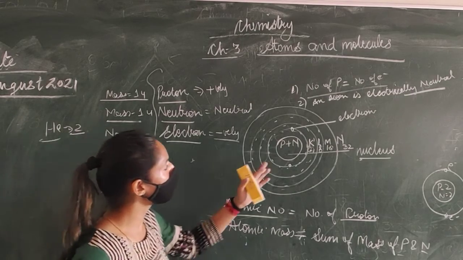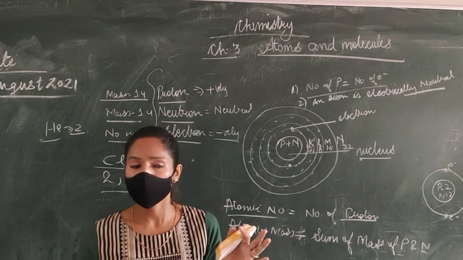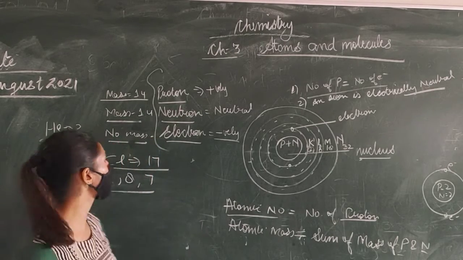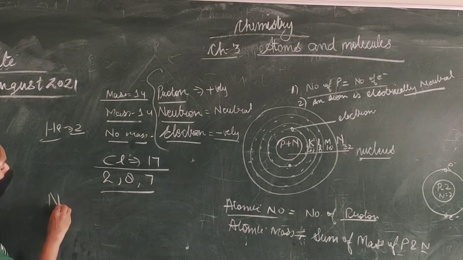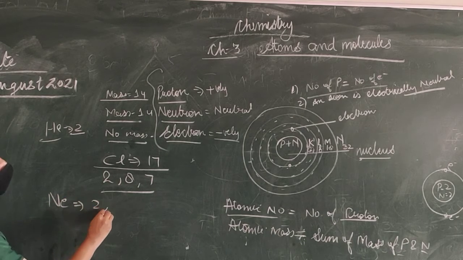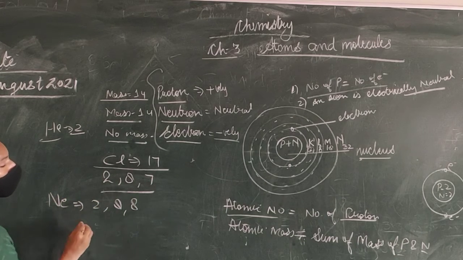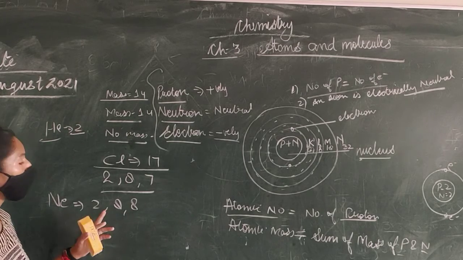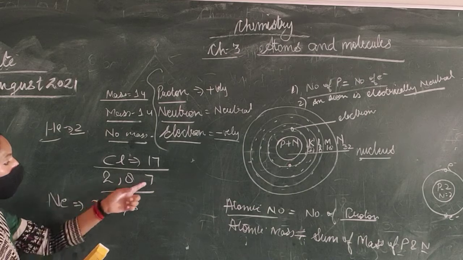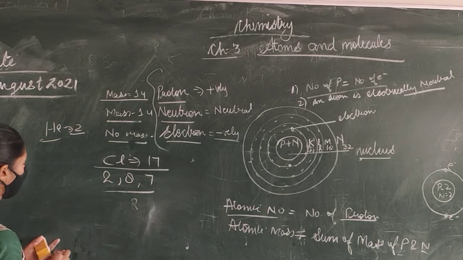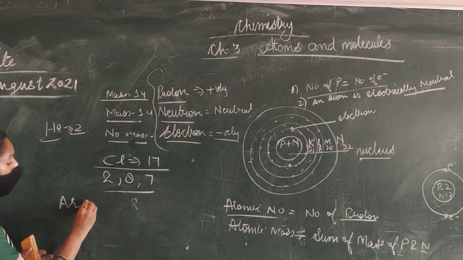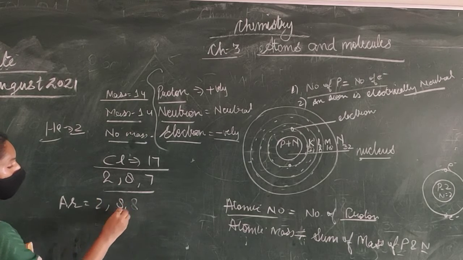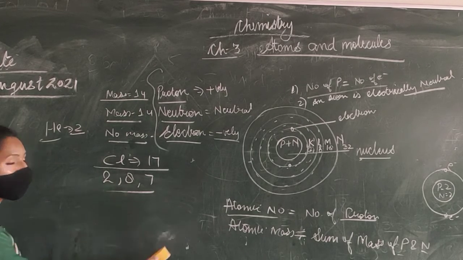So fluorine also wants to attain the configuration of the nearest noble gas, which is argon, not neon, argon. Argon has 2, 8 and 8. Okay. So it wants 1 electron to be argon. Neon has 2 and 8 only. Okay, 2, 8 and 8. So that's why it wants 1 electron.